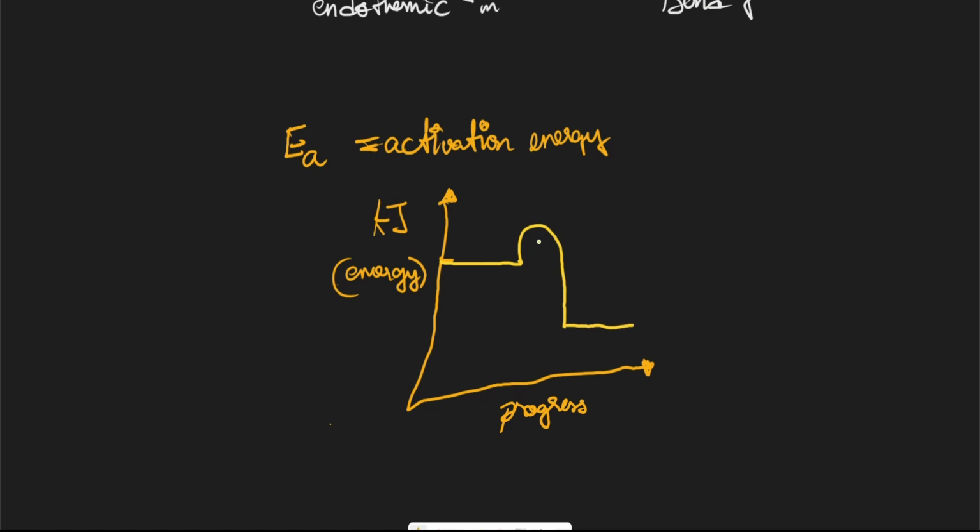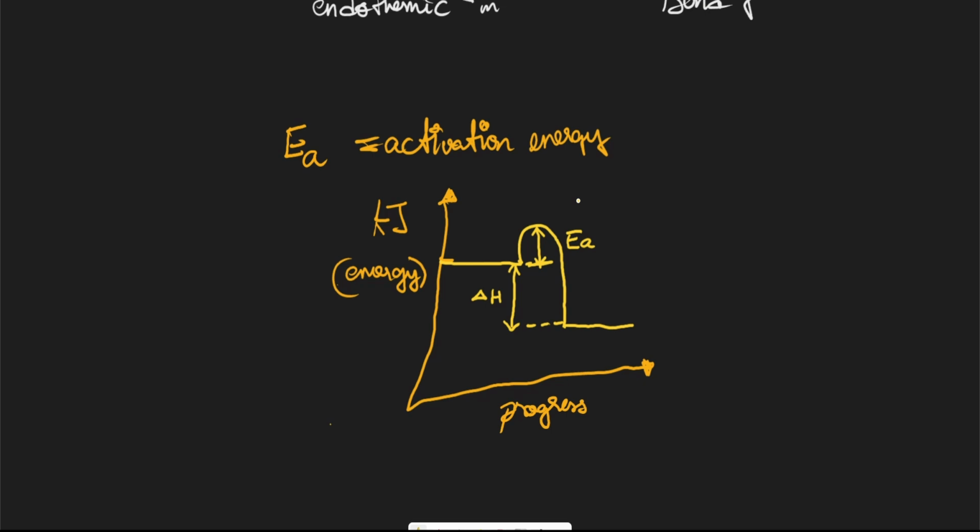From this part till here is your activation energy, while the distance between the bottom line and the top line is your enthalpy change. Not the whole thing, only the difference between the reactants and the products.